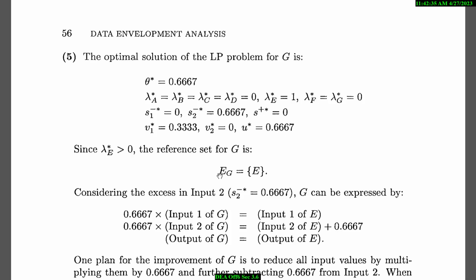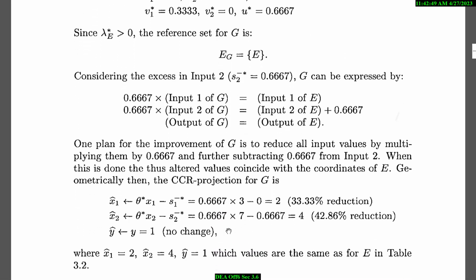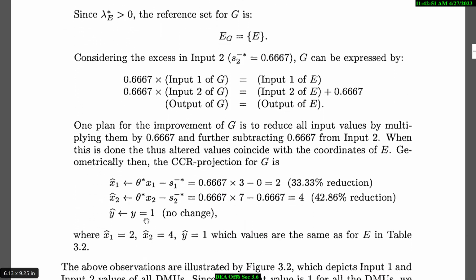The reference set is a set with one component, E, and changing the inputs and outputs are shown here, and this is how we can determine the CCR projection, as you see.